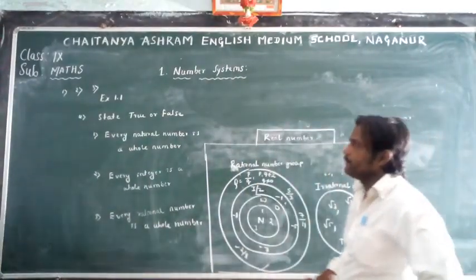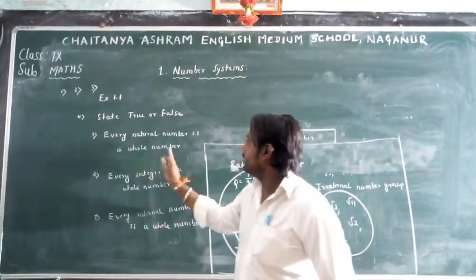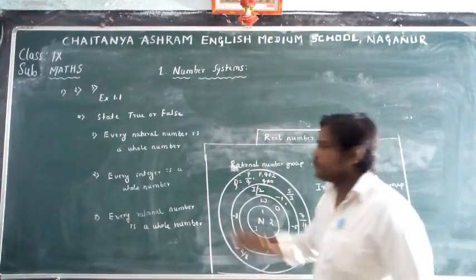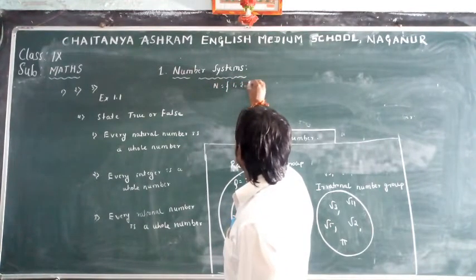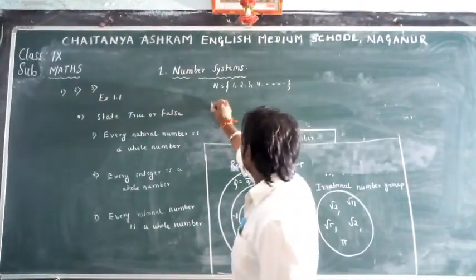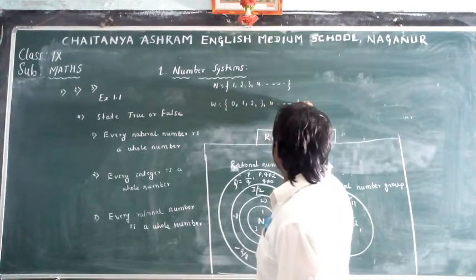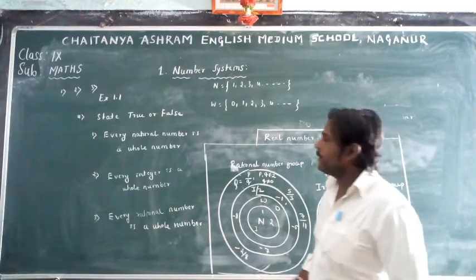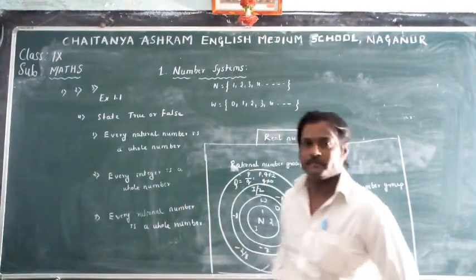So observe, dear children. Every natural number is a whole number. True or false? So observe here. This is the set of natural numbers 1, 2, 3, 4, and so on. This is the set of whole numbers 0, 1, 2, 3, 4, and so on. Now read the statement carefully. Every natural number is a whole number.